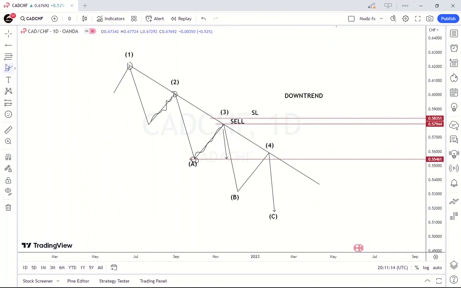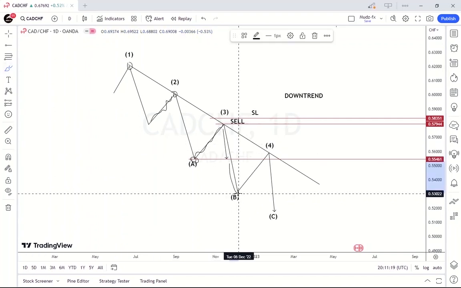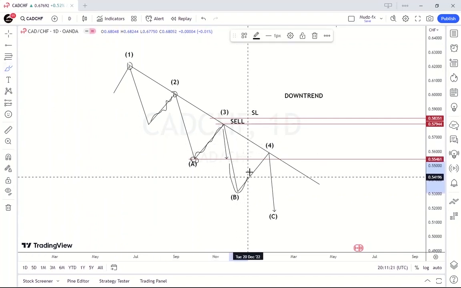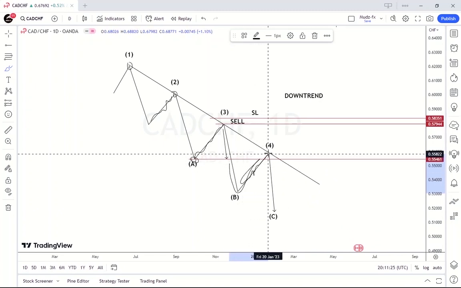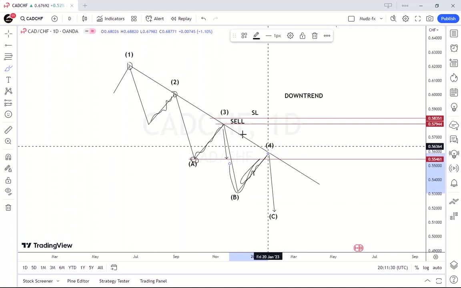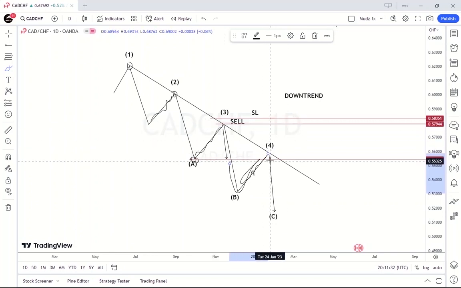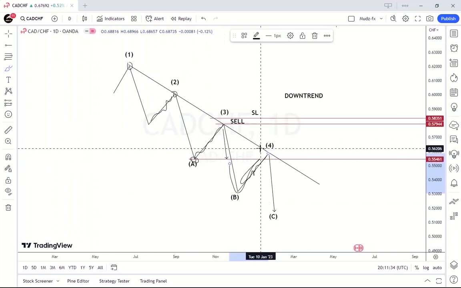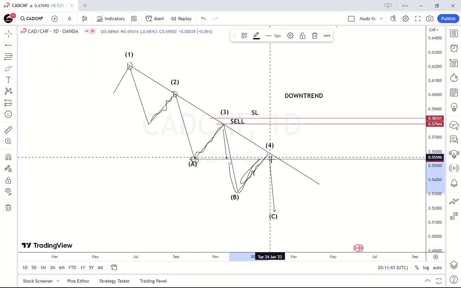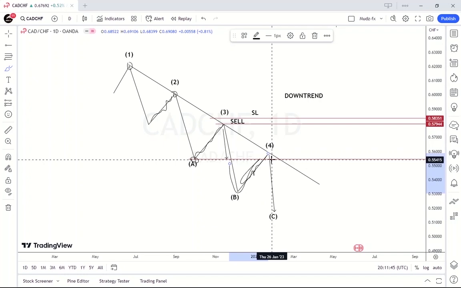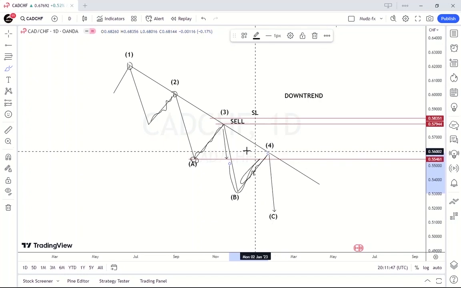So we're just gonna let the market move and then make a lower low. From the lower low, then make a corrective move, come back to make a lower high, which is number 4, right? So on number 4, we do the same thing, same procedure.